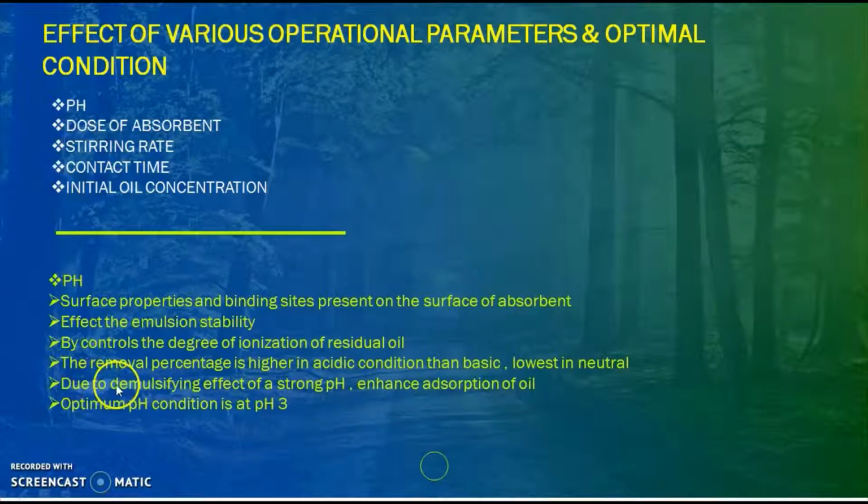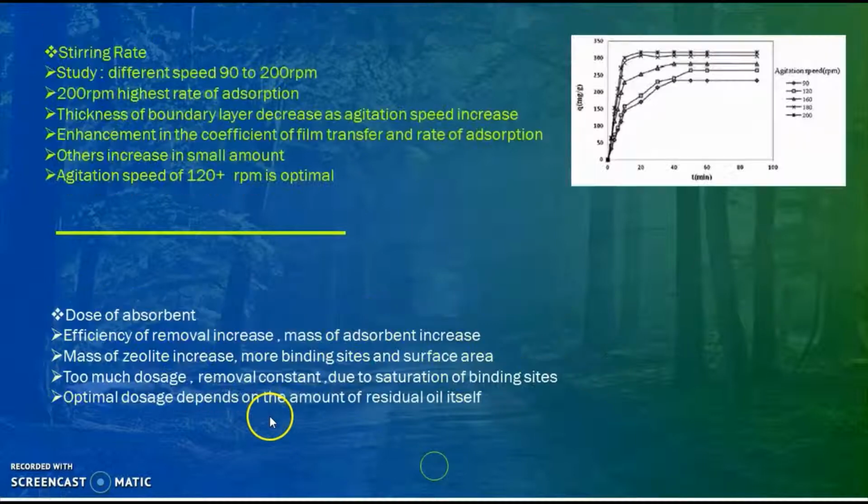A study was made and it was found that the removal percentage is higher in acidic condition than in basic condition, but it is the lowest in neutral condition. This is due to the demulsifying effect of a strong pH, which enhances the adsorption of oil. So we can conclude that the optimum pH condition is at pH 3.